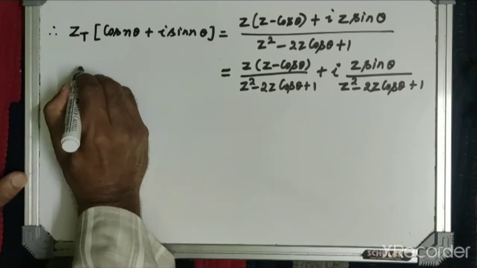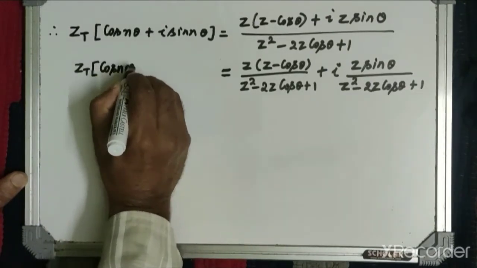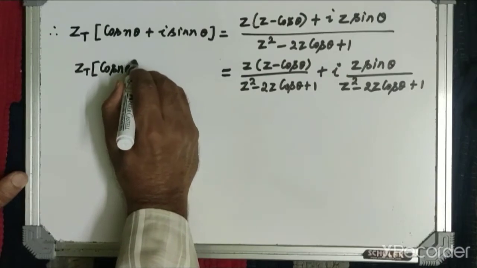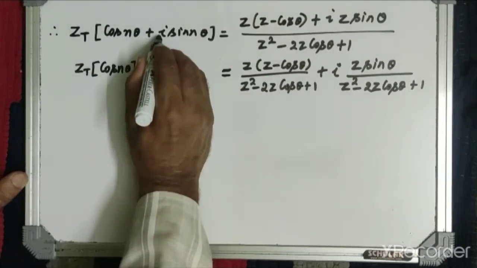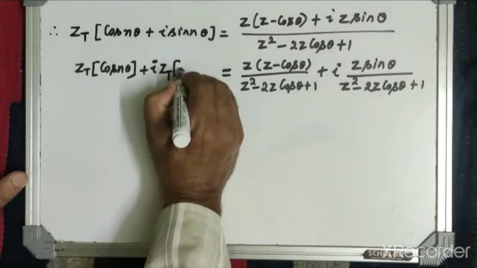The left hand side is the Z transform of cos n theta plus i times the Z transform of sin n theta, since the Z transform is linear.